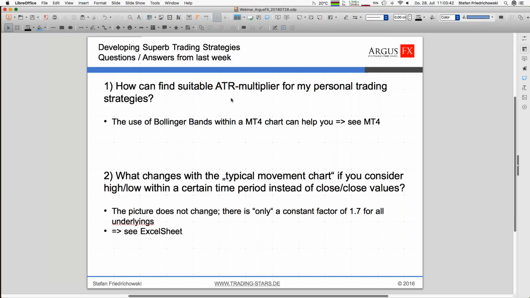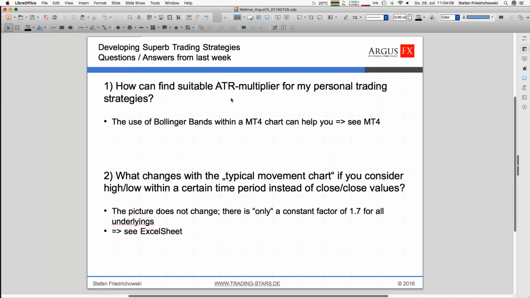And the question which came from one participant was, I have a certain strategy running on a weekly base, I think it has been stocks, and maybe can you give me a hint of how I can do such a calculation or get a good multiplier for my personal strategy?